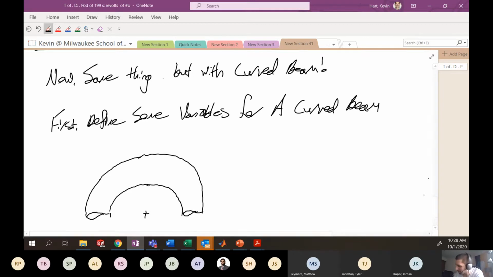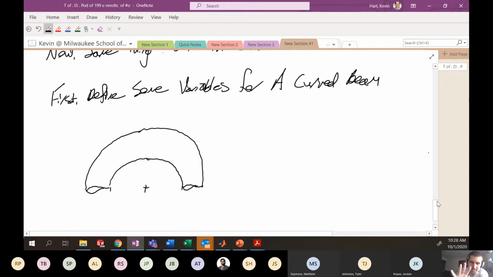This beam is undeformed in its current configuration, so we have to define some variables about it. Let's say this is our center of curvature again, O prime, not to be confused with O. We can define the distance to the inside edge as capital R I. We can define the distance to the outside edge as capital R O. I think those are pretty obvious and intuitive.